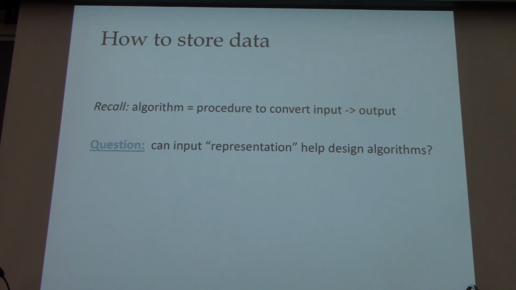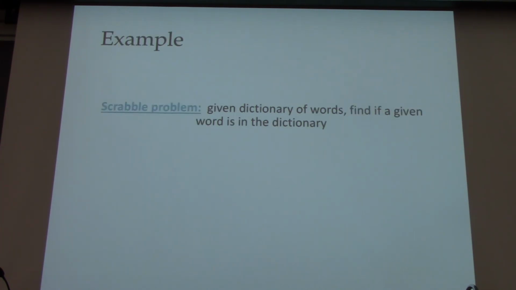Okay, so I just thought I would give a few examples to give you a sense of the kind of data structures we will use. Most of this class we'll be using very simple data structures. This is more of an example to illustrate what kind of things exist. Okay. So the first example is what I call the Scrabble problem.